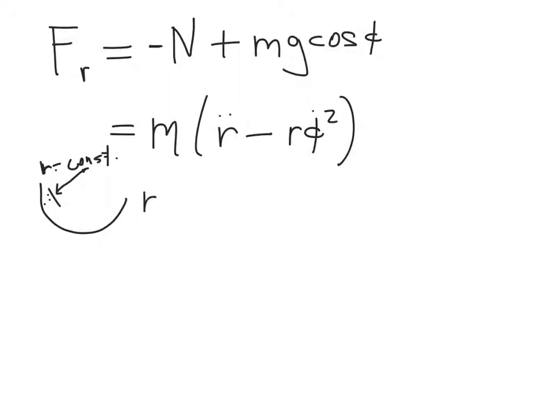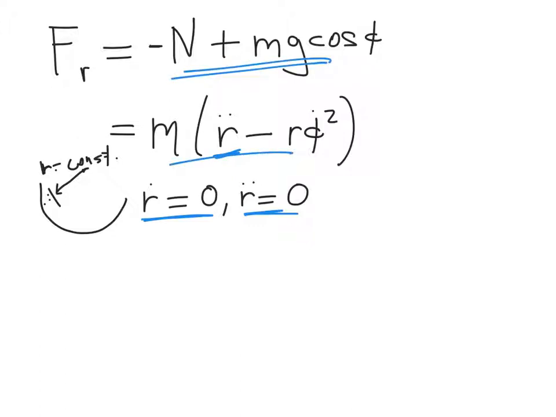And so what that means is that r dot has to be equal to 0 and r double dot has to be equal to 0, okay? So the radial velocity has to be 0, otherwise the skateboard is falling through the half pipe, and the change in that radial velocity with respect to time has to be 0. So that means that this is 0, and we can rewrite this equation to solve for the normal force.